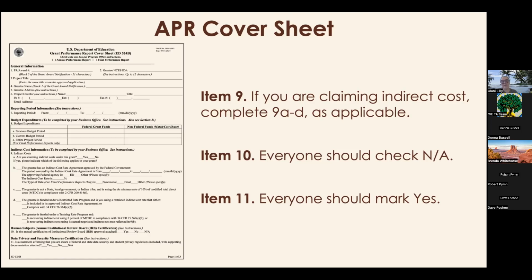Now, some of you may have indirect cost rate agreements that begin prior to October 22nd and run after 9/30/23. That's fine. You want to include those dates, but really there might be a red flag if your due date has expired, and you might need to search around in your organization to locate the most up-to-date and current indirect cost rates.